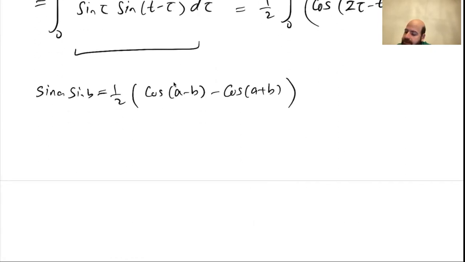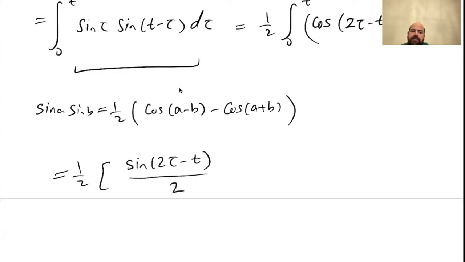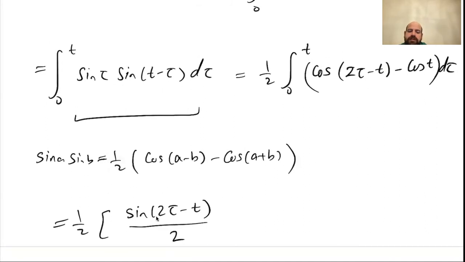Now, what is the antiderivative of cos of 2 tau minus t? It is 1/2 sine of 2 tau minus t, divided by 2, because if I differentiate this with respect to tau, I'll have 2 cos of 2 tau minus t. So I have to divide by 2 so that the 2's cancel each other out.